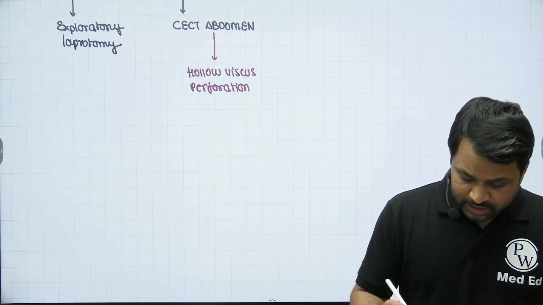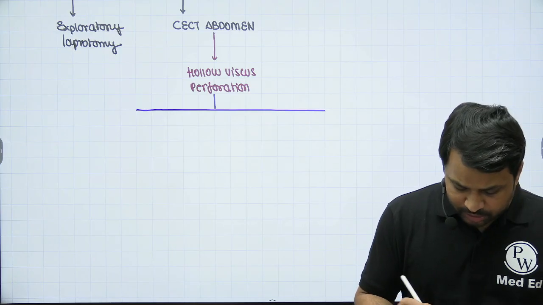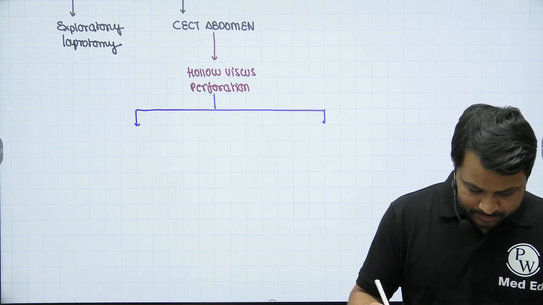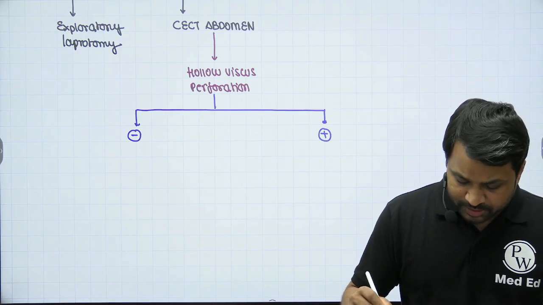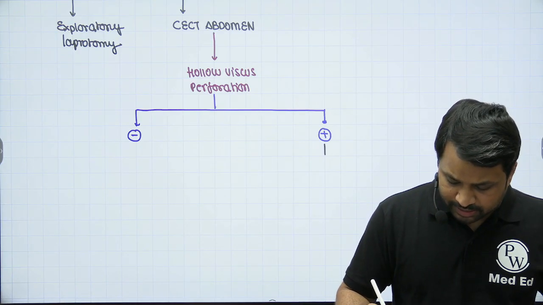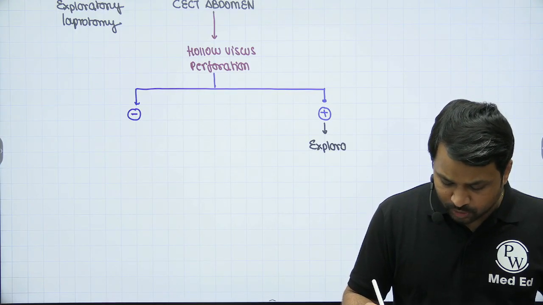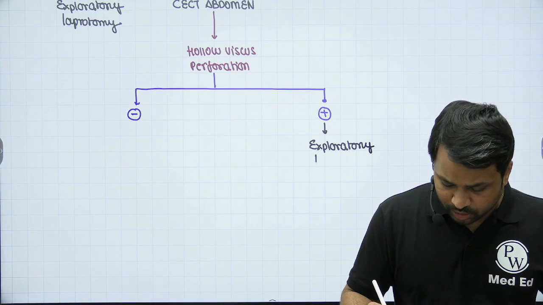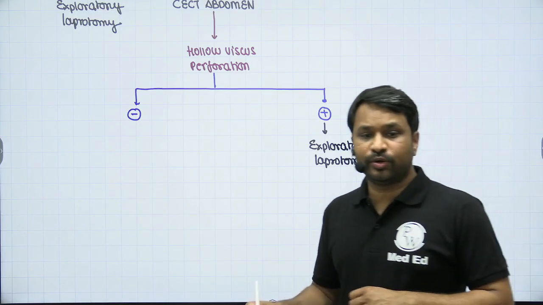You can have two outcomes here: either the hollow viscus perforation is present or it is absent. If it is present, no point in arguing. You take the patient immediately for exploratory laparotomy.